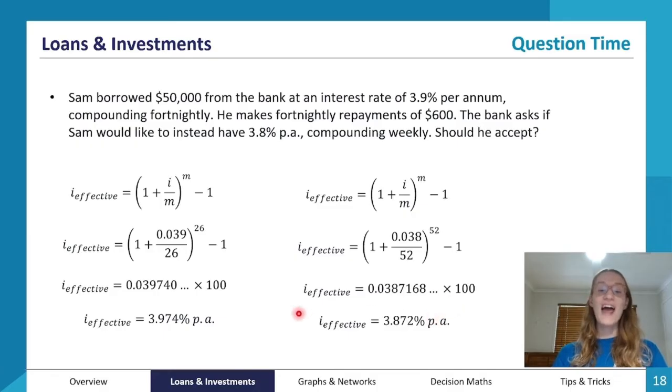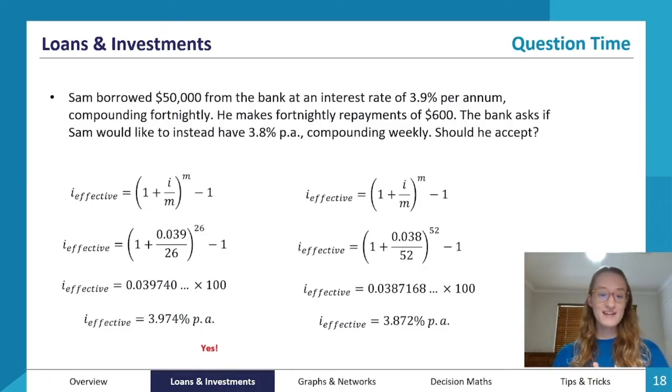3.872. So the annual effective rate of interest for the second option he was offered is actually more beneficial for him because effectively, when we convert them both to annual per annum rates of interest, this one is actually lower, and because Sam is borrowing money, so it's a loan, so he's having to pay back this interest, then yes, he should accept the second offer because that is actually better value considering the fact that it's a loan.